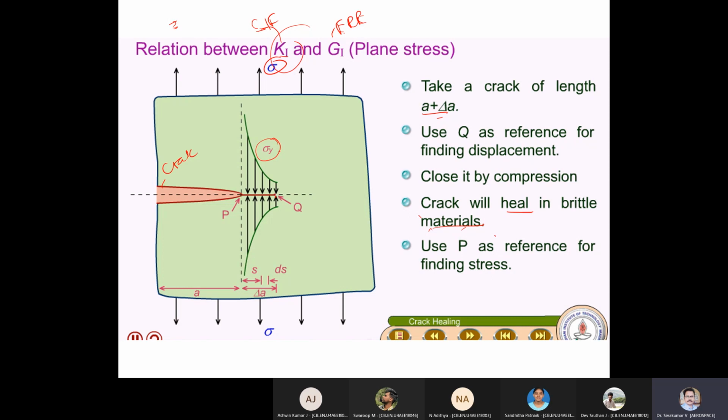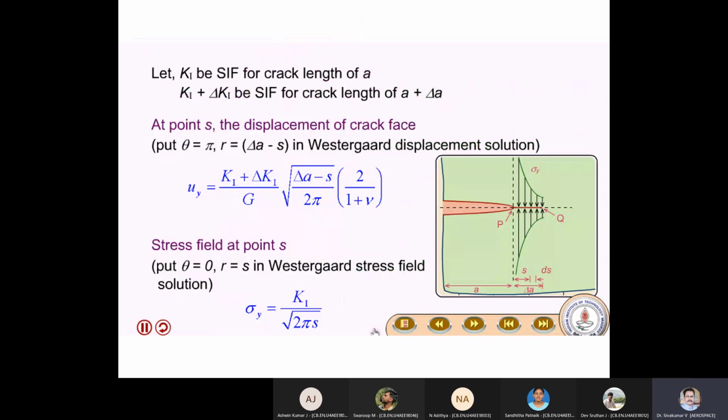So here you have to use Q as the reference point for displacement monitoring, and P is the location, the inner end of the crack, where the stress is found. Let us see. K1 is, as I told you, the stress intensity factor for crack length a.